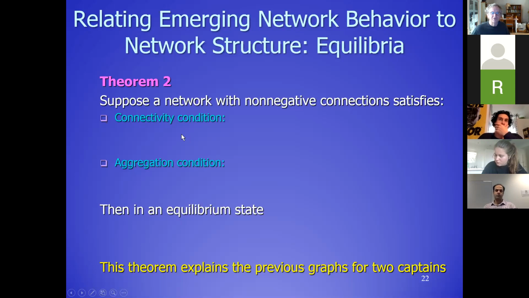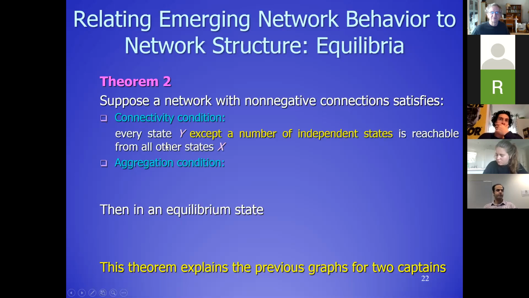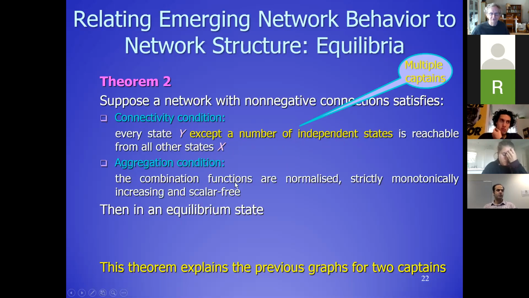Suppose now that you have the connectivity condition, so every state is reachable except a number of independent states. These are not influenced by any of the other states. They are, say, the captains that are never listening to anybody. An arbitrary number. And you have the same aggregation condition, so the function should still have these properties.